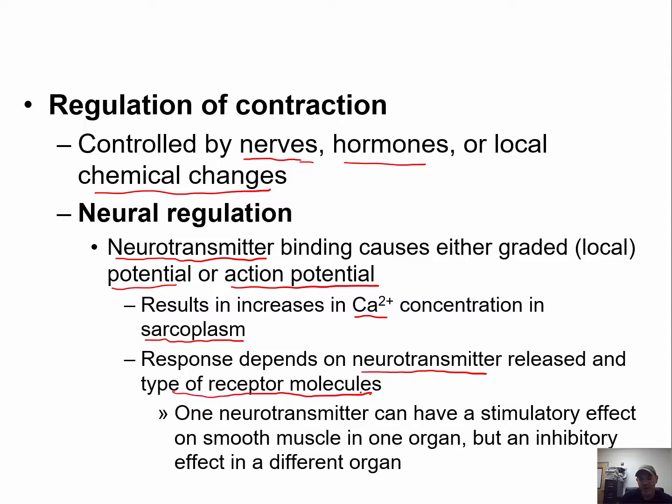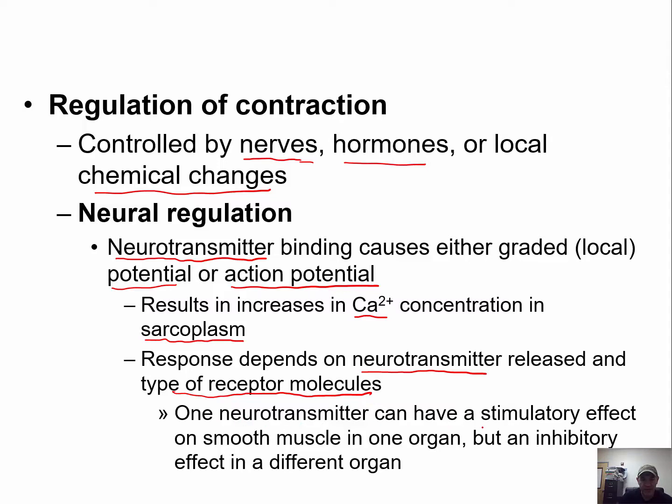So the same neurotransmitter can have a different effect on smooth muscle in one organ and a different one in another organ. Both the neurotransmitter and the receptor can provide different responses. And what I mean by different responses is that one response is to contract, and another is to not contract, or relax.